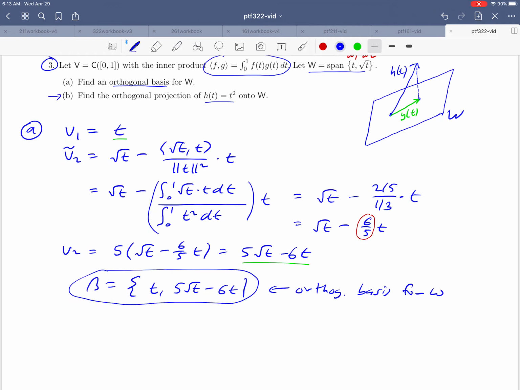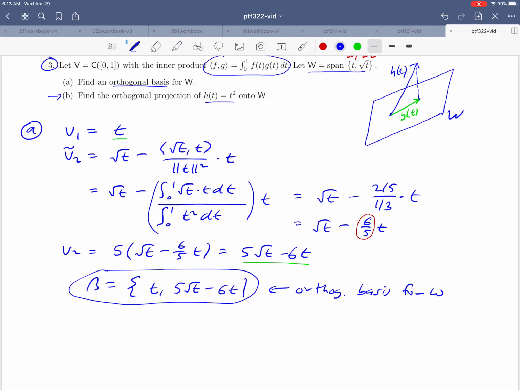The variables entered are going to look a little bit different because we labeled things differently in this problem. That would be the inner product of h with v1 over the length of v1 squared times v1 plus the inner product of h with v2 over the length of v2 squared times v2.